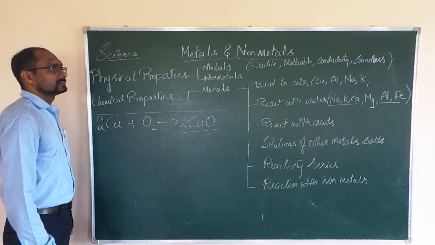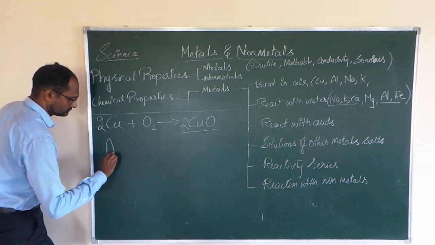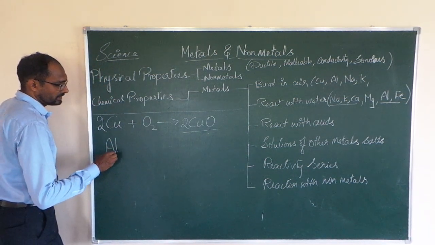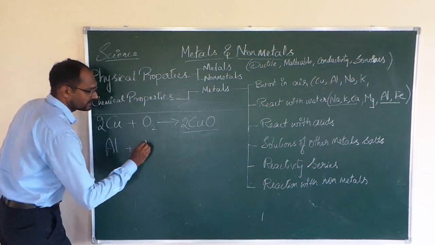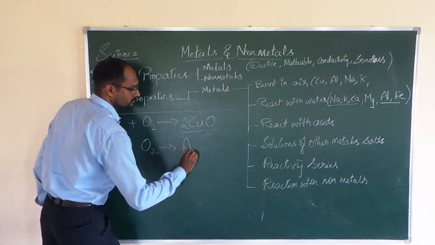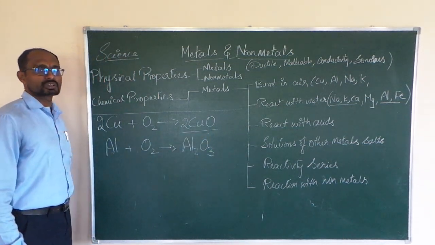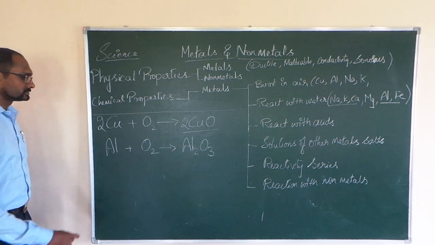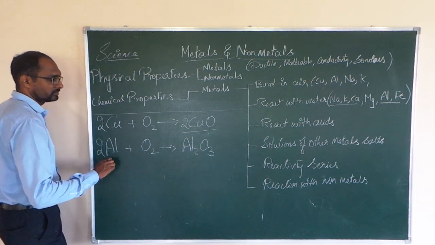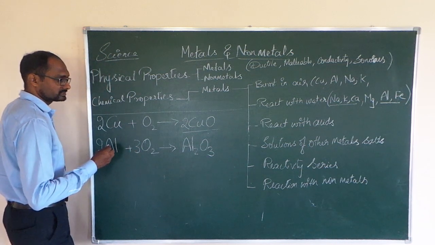Now coming to aluminium. Aluminium combines with oxygen to form aluminium oxide. So two atoms of aluminium will combine with 3 atoms of oxygen.